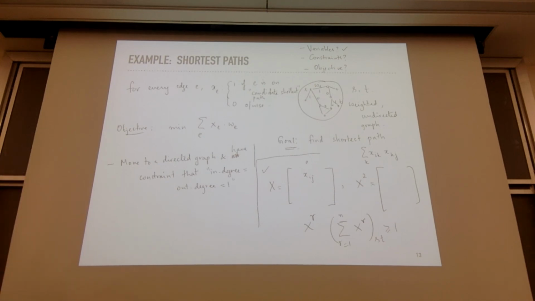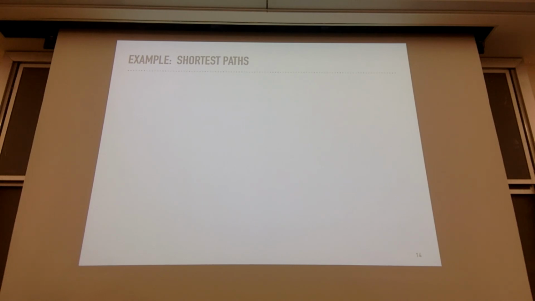The constraint I want to add is: I want to take any set of vertices that contains s and does not contain t.